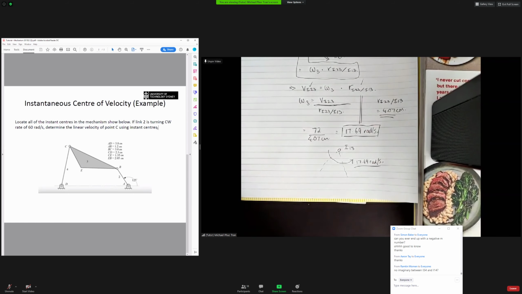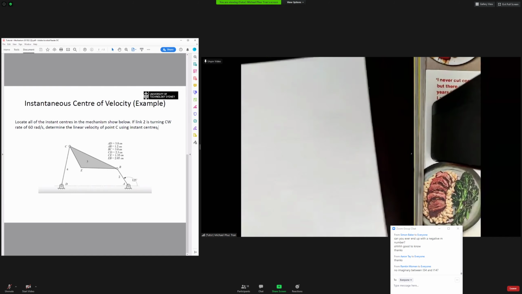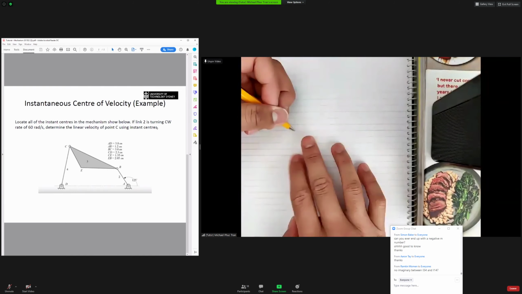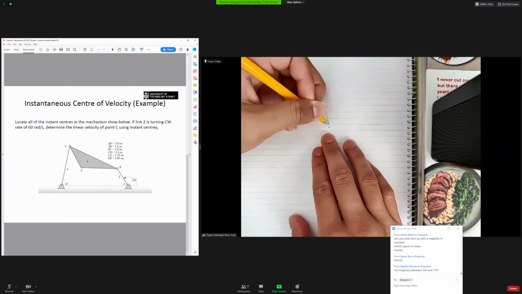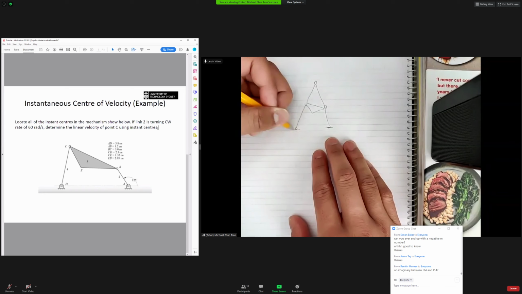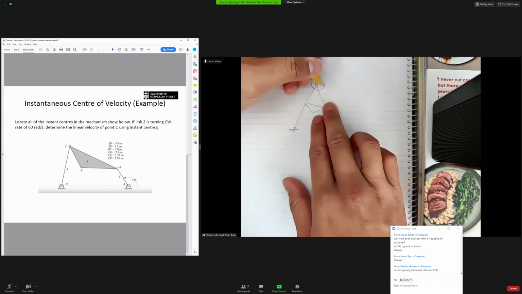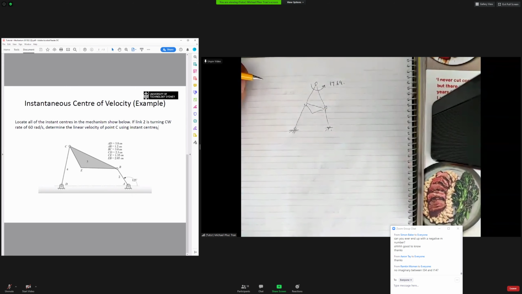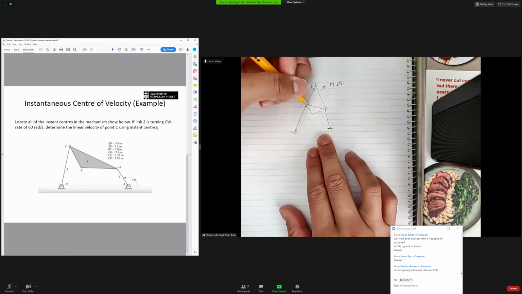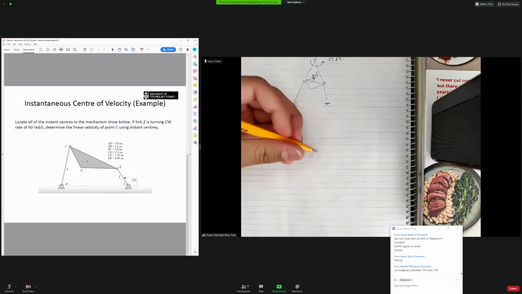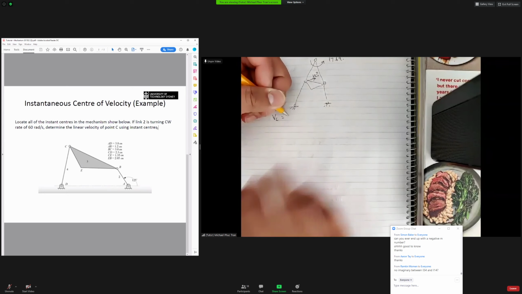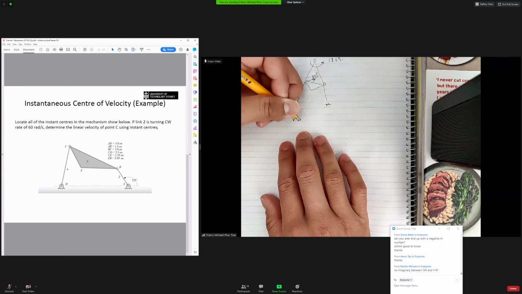Cool. Our last step will be finding VC. So if we know that this W3 is 17.69, the last thing will be VC equals VI13.